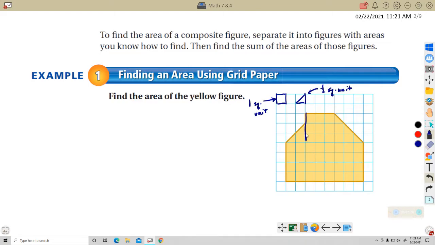I'm going to outline it here for us. Okay, so how many square units do I have?